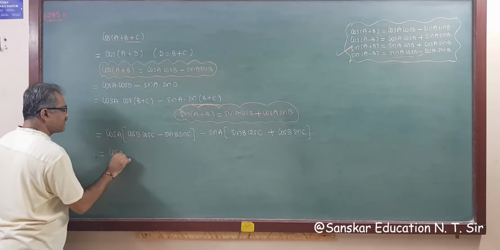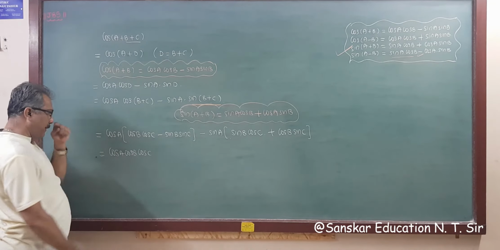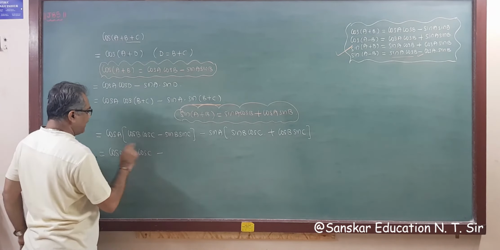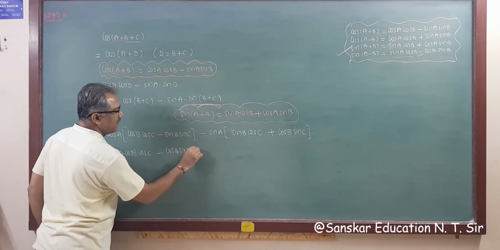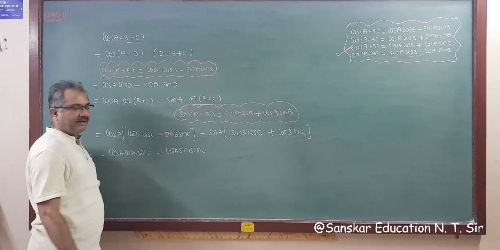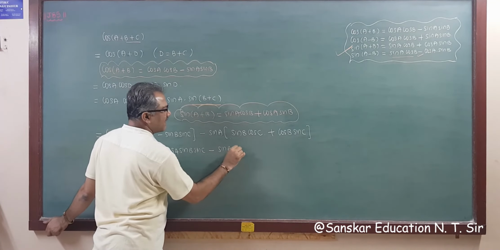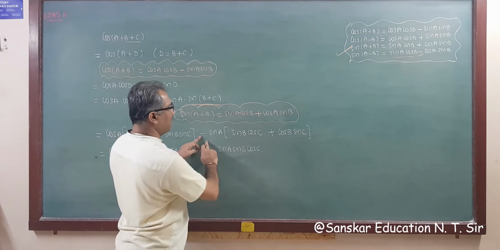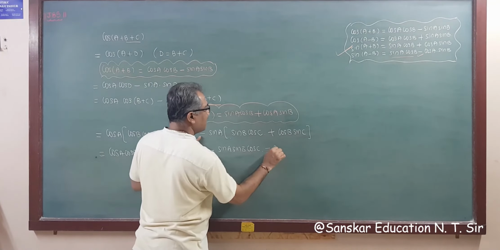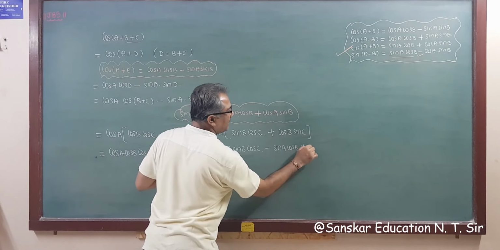We get cos A cos B cos C, then minus cos A sin B sin C, minus sin A sin B cos C, and minus sin A cos B sin C.